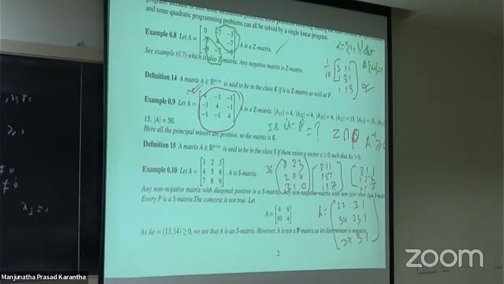If you replace minus 1 by 1, will it be a P matrix? If you take 1, 1, 1, 1, 1, 1, will it be a P matrix? Perhaps. You have to check only the determinant. What is the inverse?